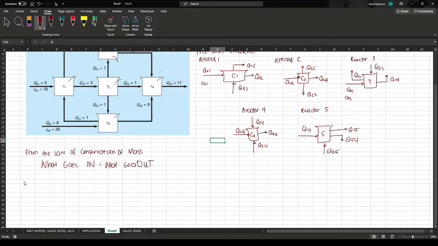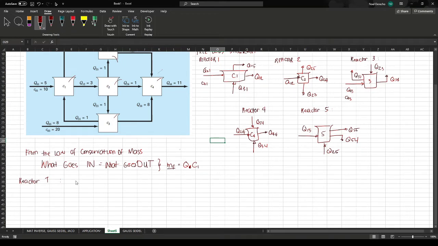So for reactor 1, as you can see, we're talking about mass. And in chemical engineering, the mass flow is equivalent to the volume flow times the concentration. So the mass is equal to Q times C.